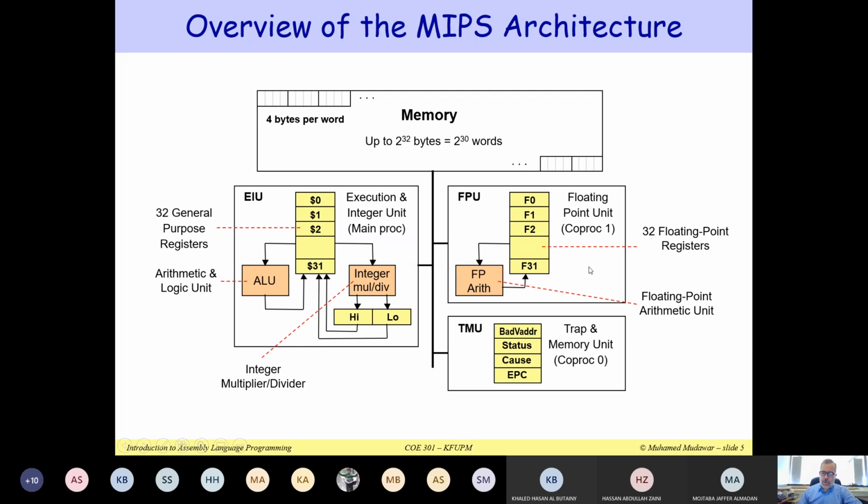There is also a floating point unit. This floating point unit has a separate set of 32 floating point registers, and it has a floating point arithmetic unit. Now, floating point data has a different format than integer data. We are going to study in this course floating point numbers and floating point arithmetic in great detail.